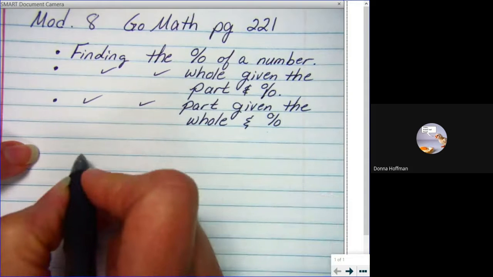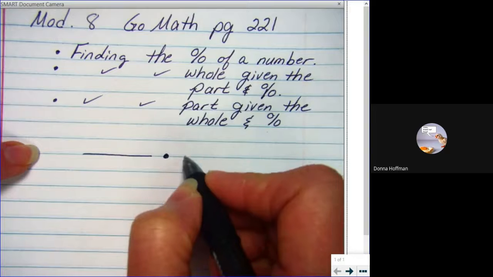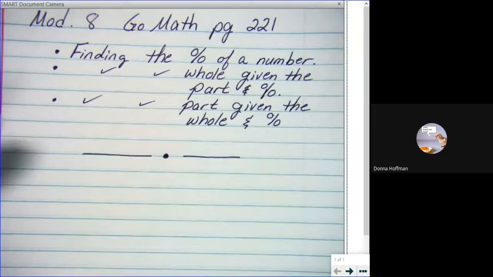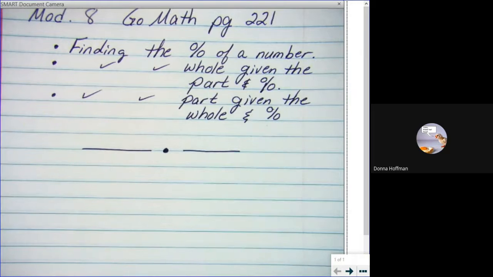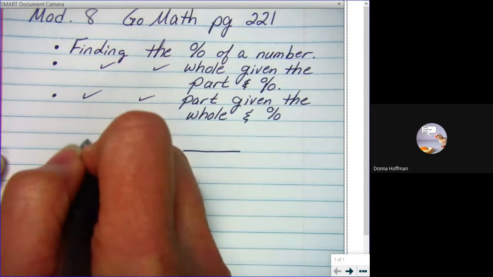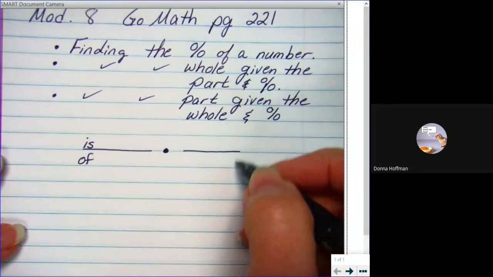We're still going to use the same exact format that we've been using. Anybody know it off the top of their head by now? What's my numerator? What's my denominator called? Is over of. Kiss your brain. And then what goes over here?